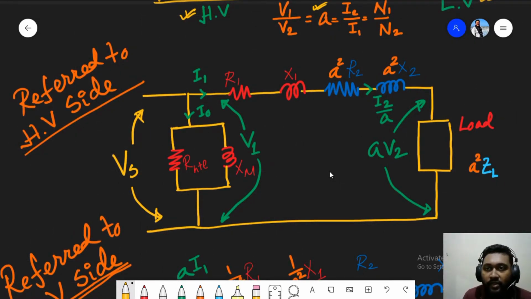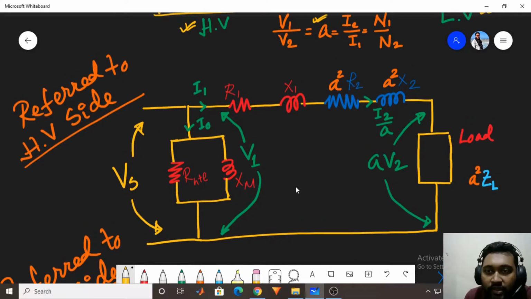As you can see, we have moved our hysteresis and eddy current loss resistance and magnetizing reactance block to the left side. We have changed the position of the parallel path that consists of the hysteresis and eddy current loss and magnetizing reactance, because the I naught current is so small that it doesn't affect the current on this path, so we can move this parallel path freely.